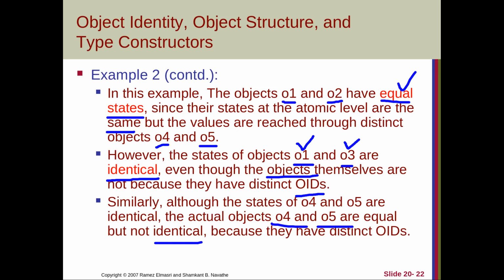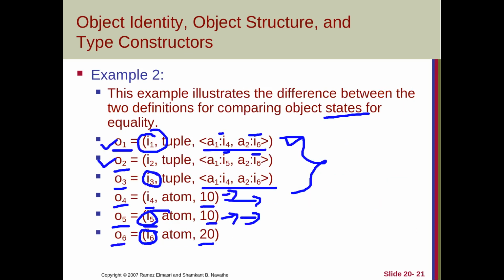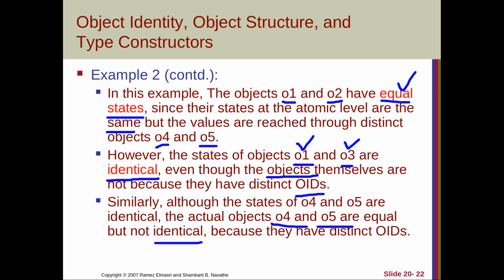So just for comparing equal states, identical states and object comparison, whether they are equal or identical, we have given example number 2. Anything may happen when we develop objects inside an object-oriented database system.